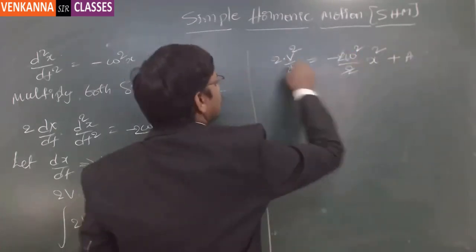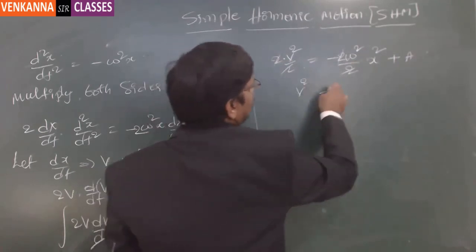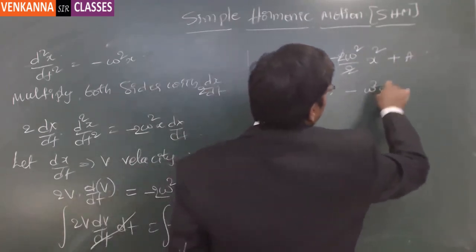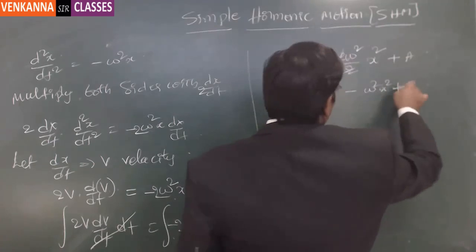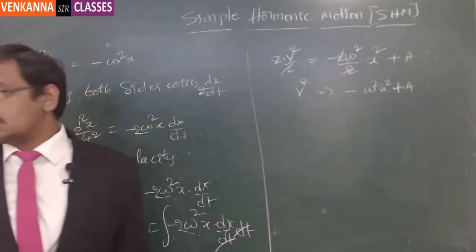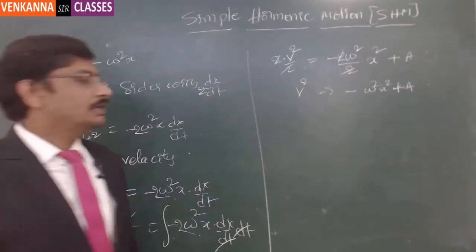Now this 2 will cancel out, 2 will cancel out: v square is equal to minus omega square x square plus a. Now this is the arbitrary constant which you can derive from the initial conditions.